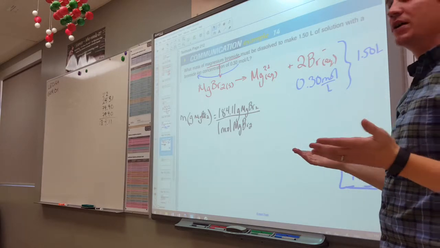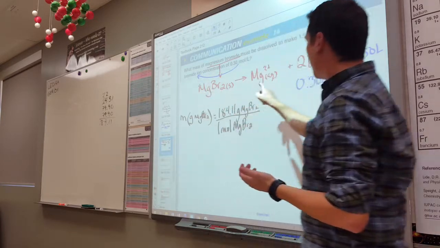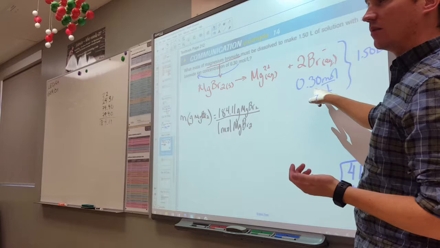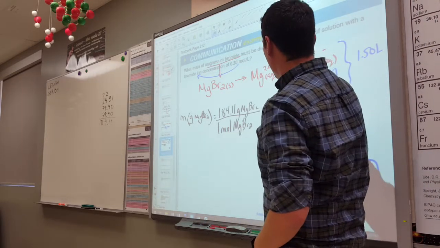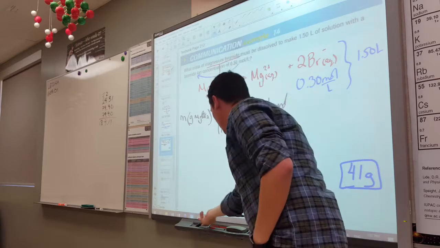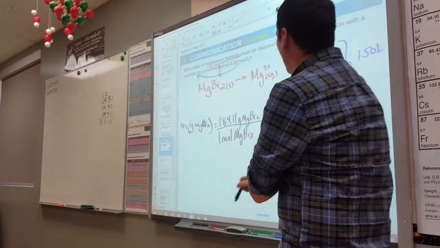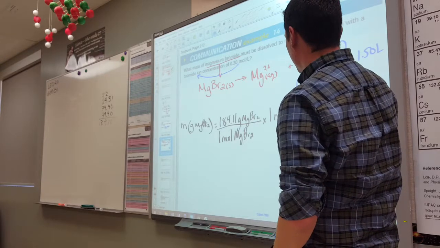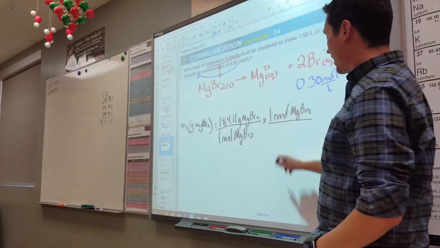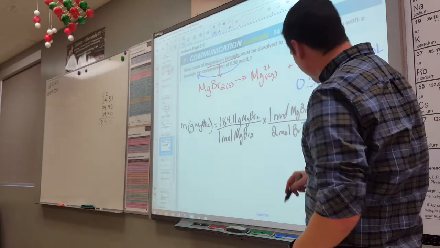That's our molar ratio. It's the unknown substance divided by the coefficient of the given substance. So this is 1 mole of magnesium bromide for every 2 moles of bromide.